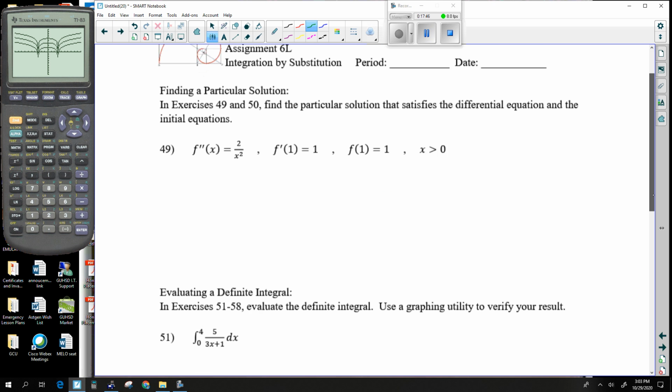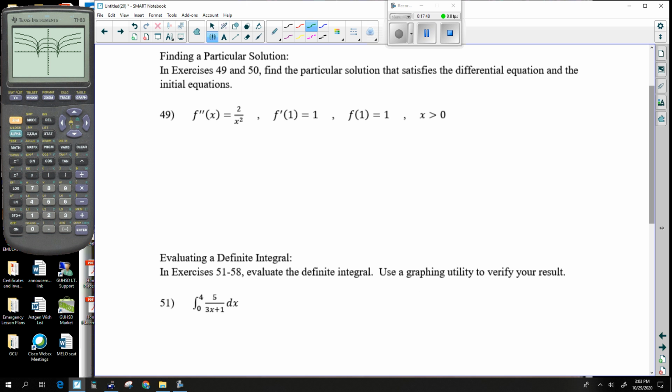Okay, back to starting things and figuring out the solution, which is, again, get it all the way back down to the original f, not an f prime or something. So f double prime in this situation, I see that this is 2x to the negative 2. All right, 2x to the negative 2.